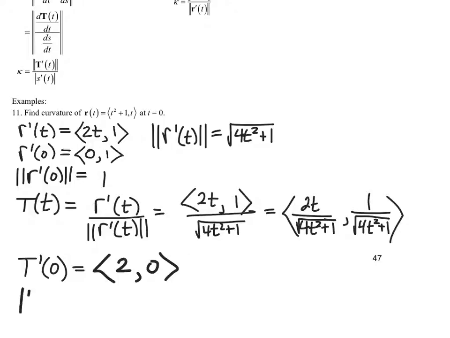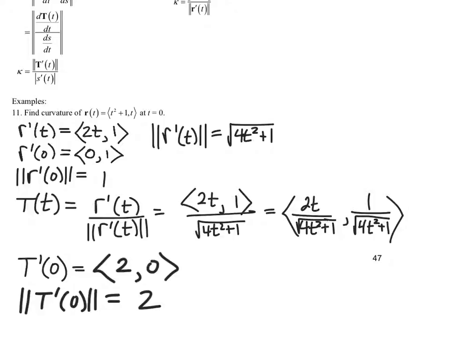And so if I want the magnitude of that, I can plug it into the formula, but since it's only along the x-axis, it's just going to be equal to 2. All right?